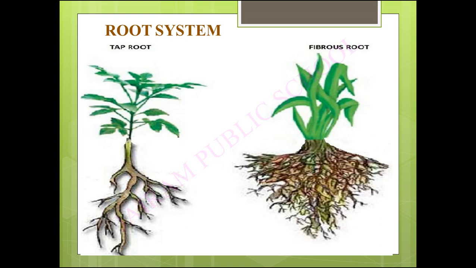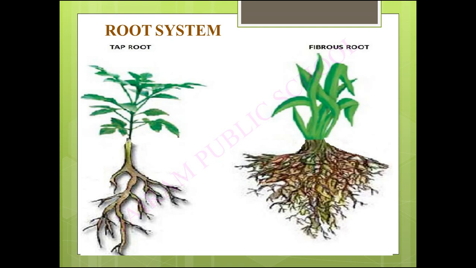Taproot means the root of the plant has one main large root growing downwards from the end of the stem into the soil. Smaller roots develop from the main root. For example, coriander, chilli, oak tree. Next, fibrous root.